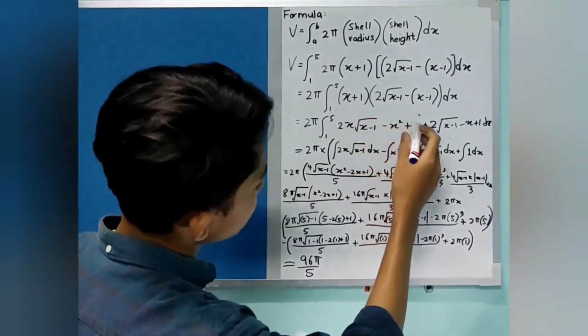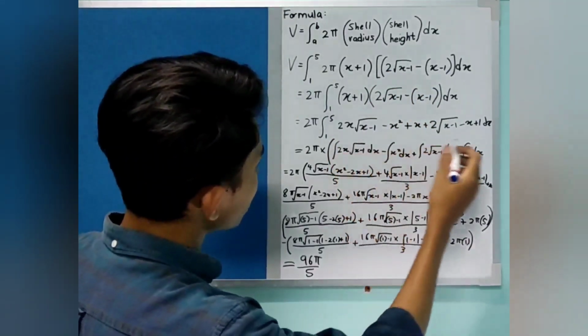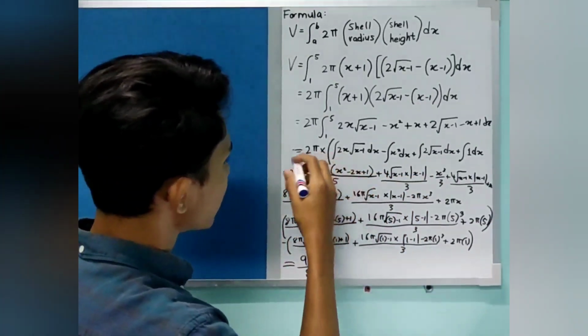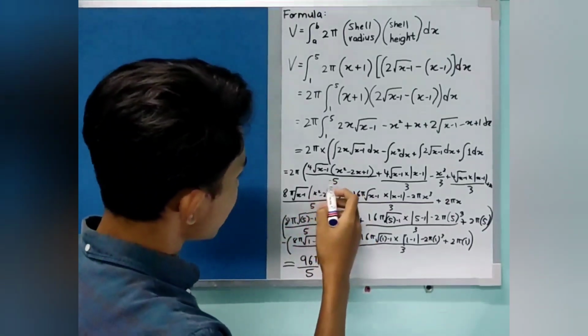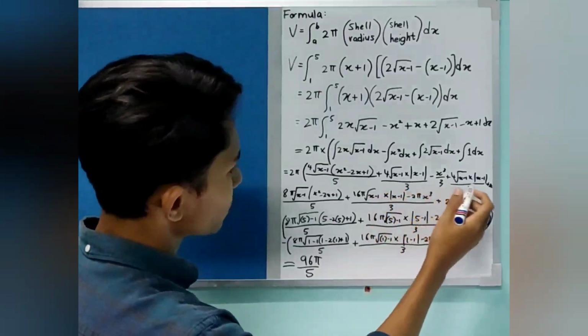We remove the bracket, and we got the long equation, and we use indefinite integral, and we integrate one equation per one equation.